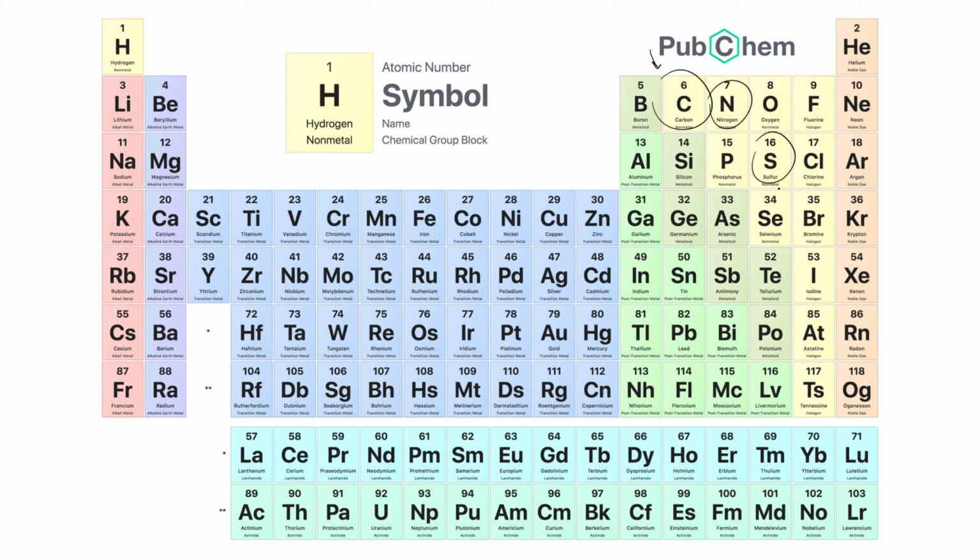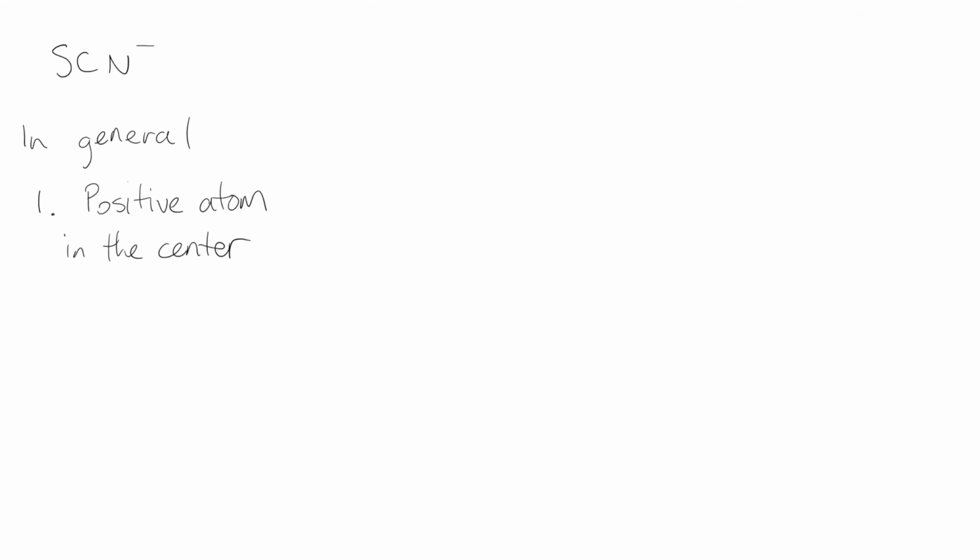You might be wondering, well, what about sulfur? Well, going downwards doesn't really change all too much, right? So sulfur is pretty electronegative. So carbon is going to want to be at the center. Okay, so we're going to put carbon at the center.